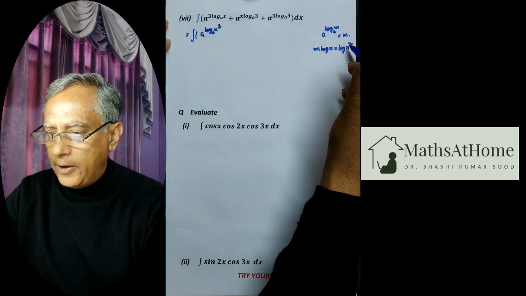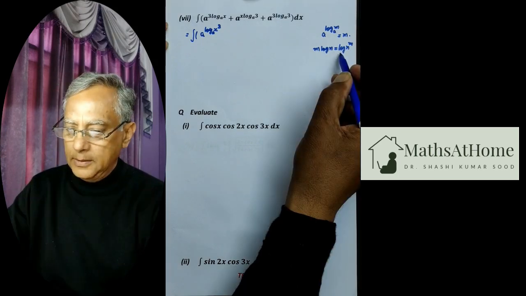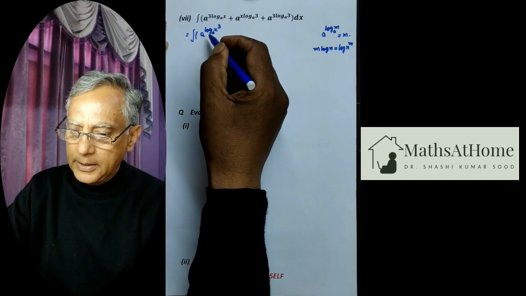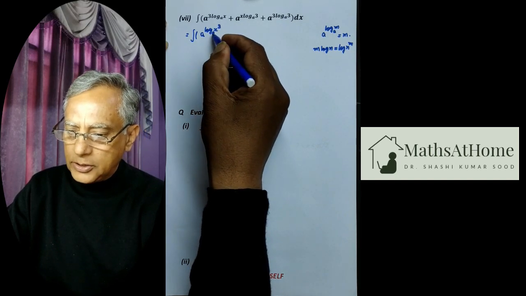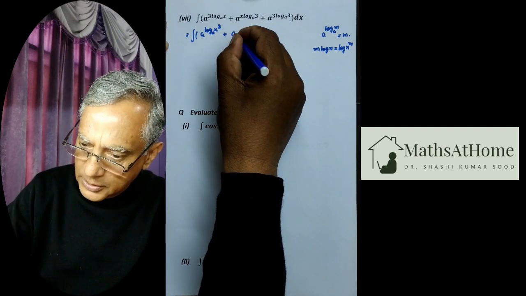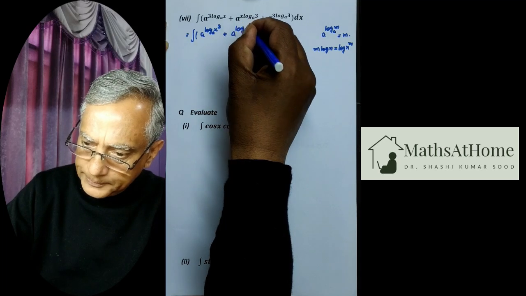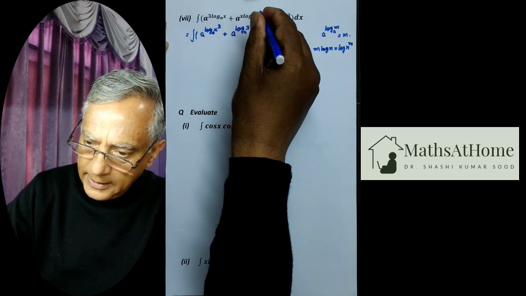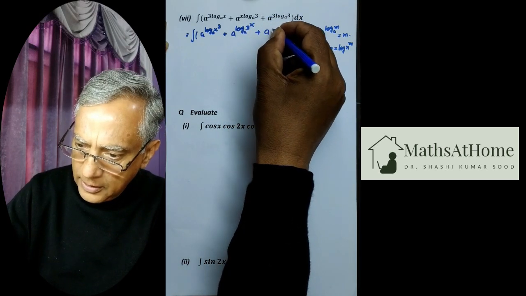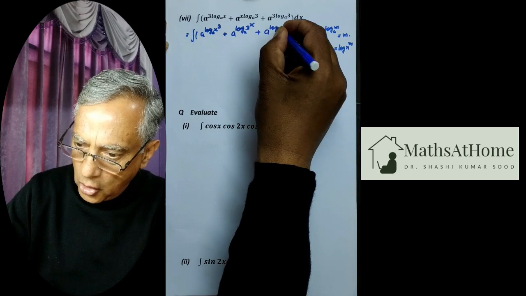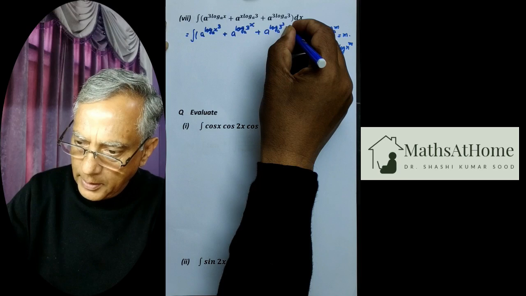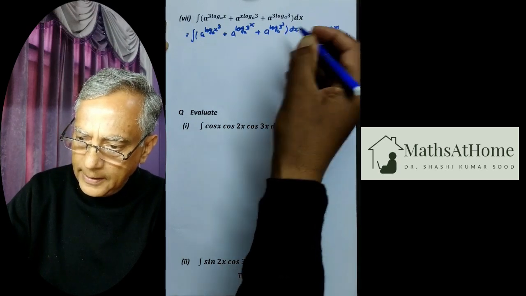Therefore we will get a, this 3 will go in the power. So this will be log x cube to the base a, plus a to the power of log 3 to the power of x to the base a, plus a to the power of log 3 to the base a, and this 3 will go in the power 3, dx.